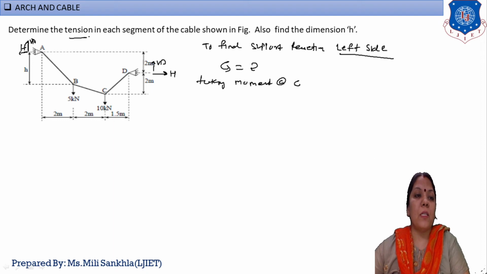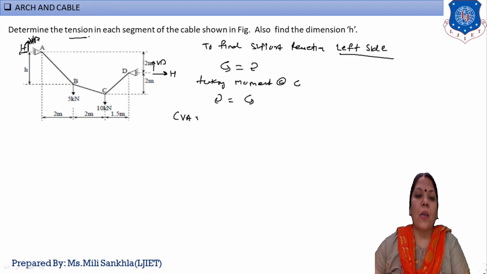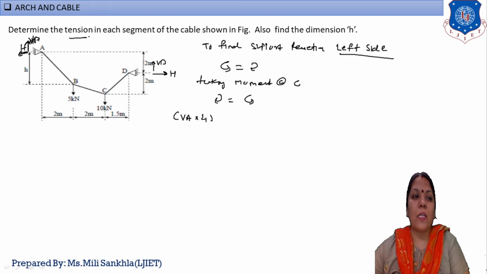About C, our reaction VA rotates in clockwise direction. This vertical reaction's distance up to point C is given as 4 meter. Suppose I take this clockwise and this anti-clockwise. Now VA into distance 4 meter. Second, this horizontal reaction rotates anti-clockwise, and its distance up to C is 4 meter, so write H into 4.